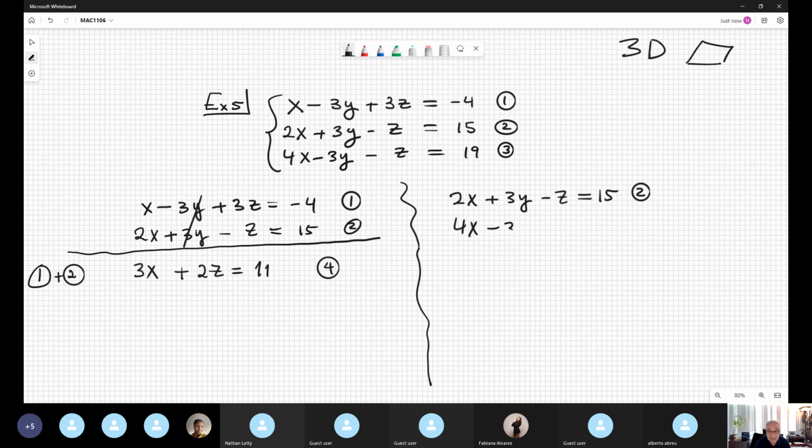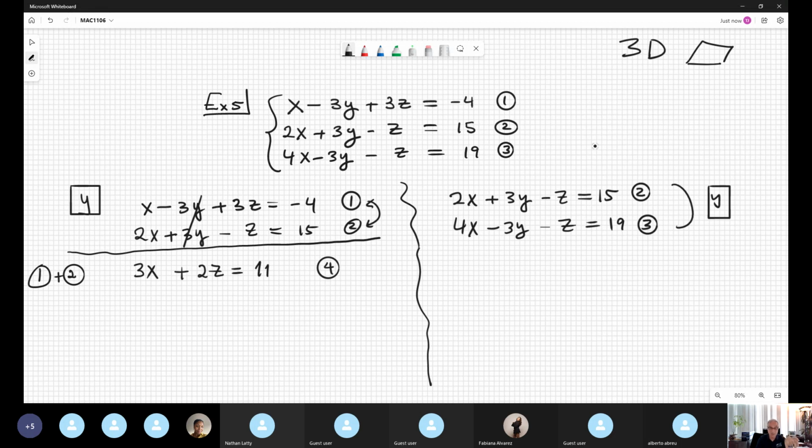But the important idea is, if you eliminate y in the first couple, you eliminate the same variable in the second couple. If you eliminate another, you are in big trouble. You never get the answer.